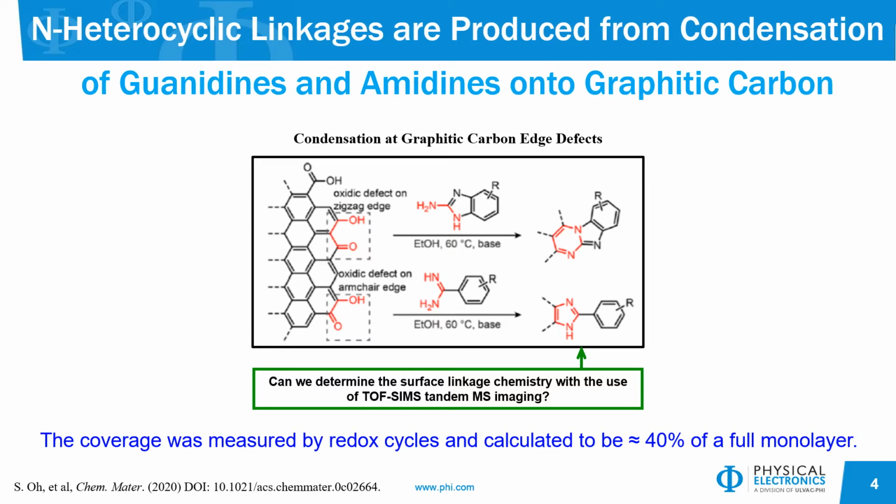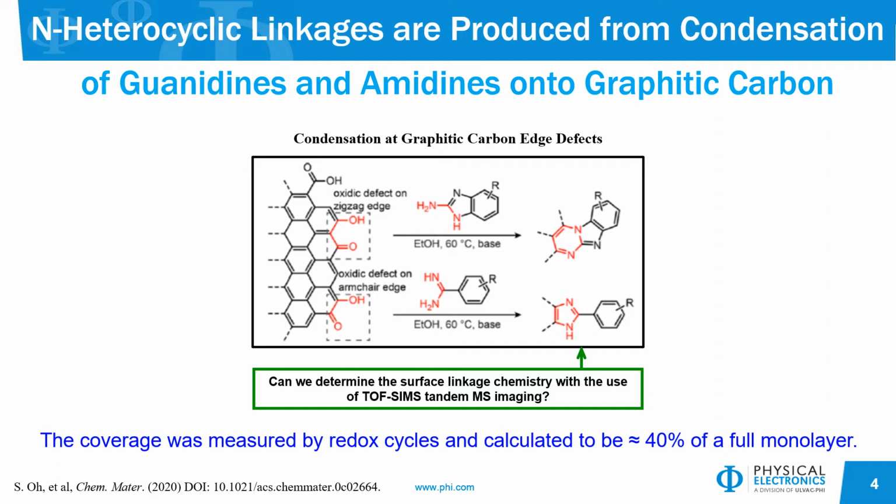And so in the condensation reaction, what we expect is that hydrogens from the condensing organic molecules will bind together with oxygen or hydroxyls on the surface, releasing water and therefore producing covalent bonding of the small organic molecules to the surface. So we're going to use TOF-SIMS tandem MS imaging to characterize the surface bonding.